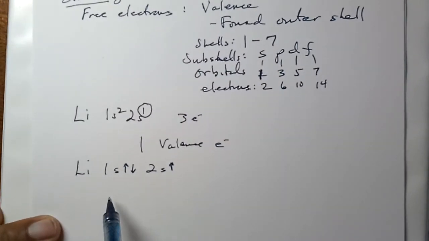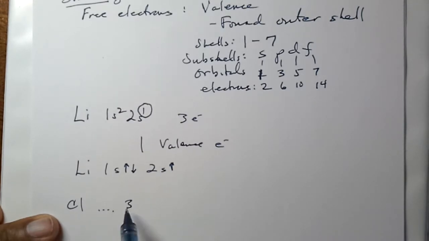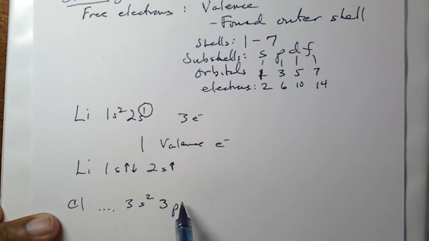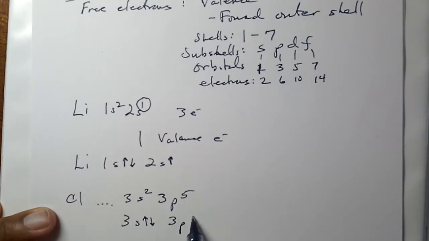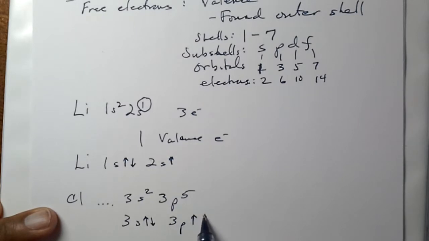Let's look at chloride. Instead of writing out the whole configuration, we're going to write the last, or the outer shell: 3s2, 3p5. So we have 3s with a full shell, and we have 3p, and it's not quite full, so each orbital has to fill first.